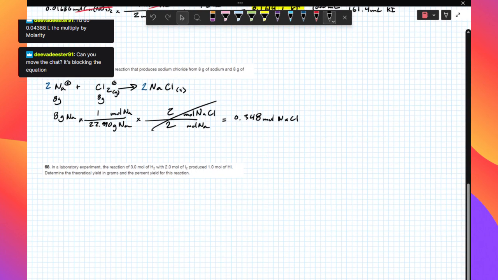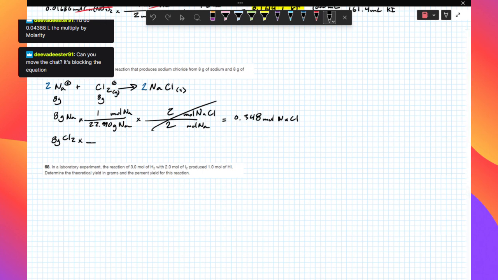Now we do the same thing with our diatomic chlorine. For diatomic chlorine, you take the molar mass of chlorine and multiply it by 2, that would give us 70.906 grams.